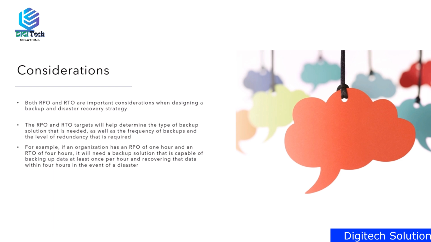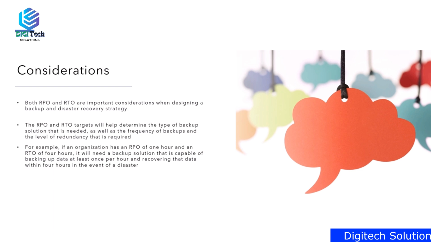Some important considerations for RPO and RTO when designing a backup and disaster recovery strategy may look like this. The RPO and RTO targets will help determine the type of backup solution that is needed, as well as the frequency of backups and the level of redundancy that is required for your organization.